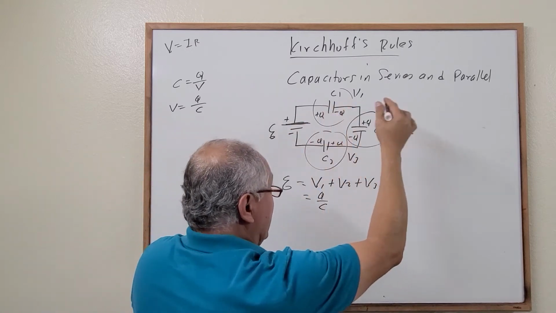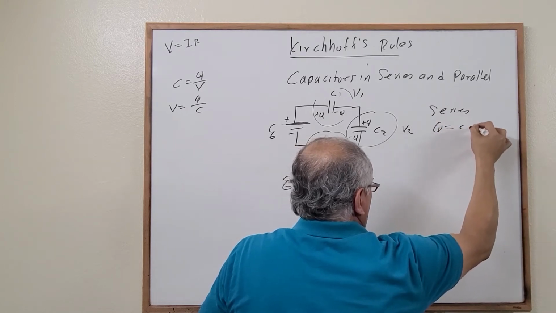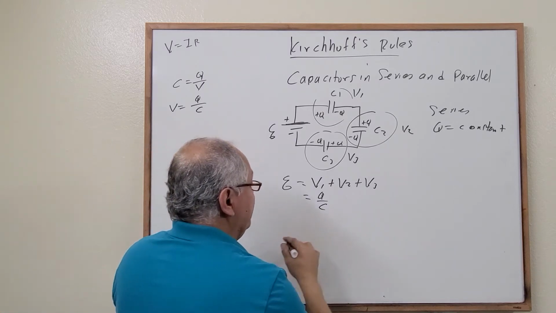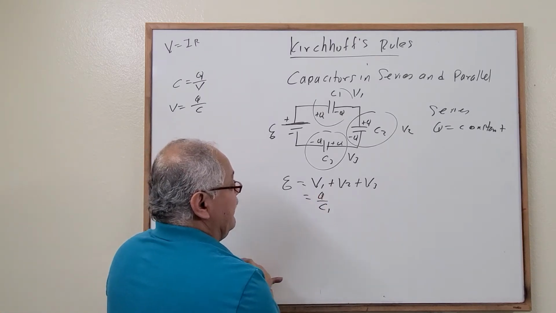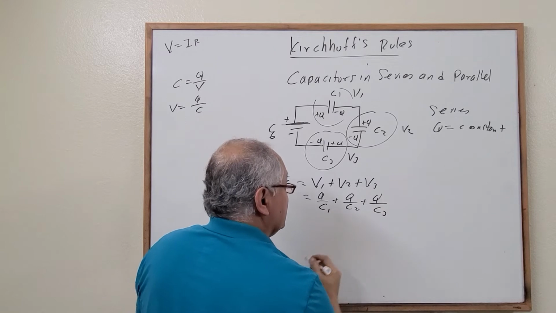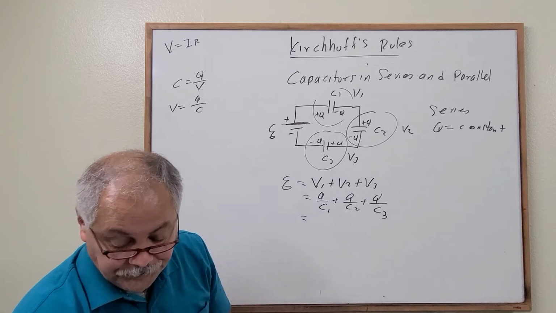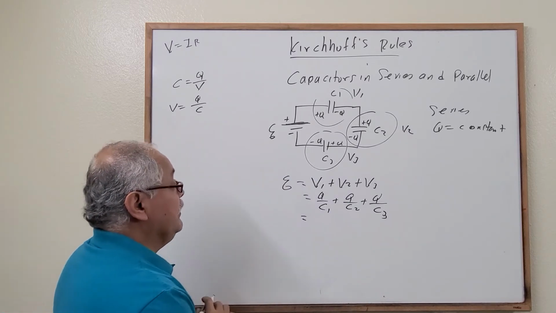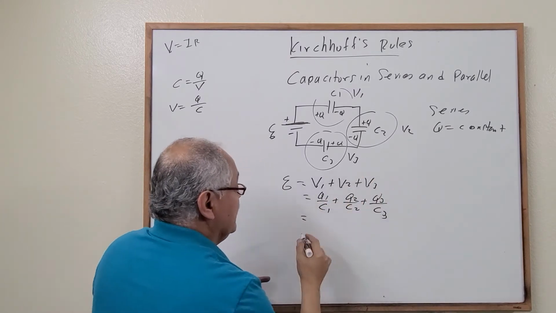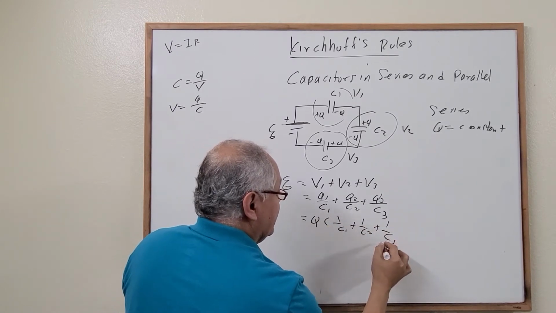So the electromotive force equals charge divided by capacitance 1 plus charge divided by capacitance 2 plus charge divided by capacitance 3. Because the charge is constant in series, we can factor it out. It equals Q times (1 over C1 plus 1 over C2 plus 1 over C3).